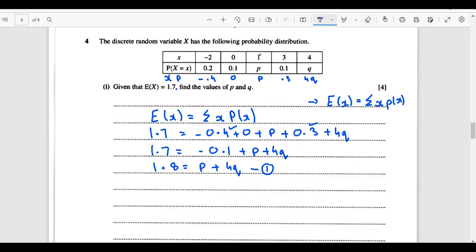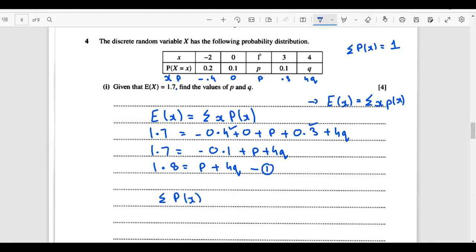We know a property about probabilities, that their sum is equal to one. Very good. So we can use this, since the sum of all the probabilities is one.